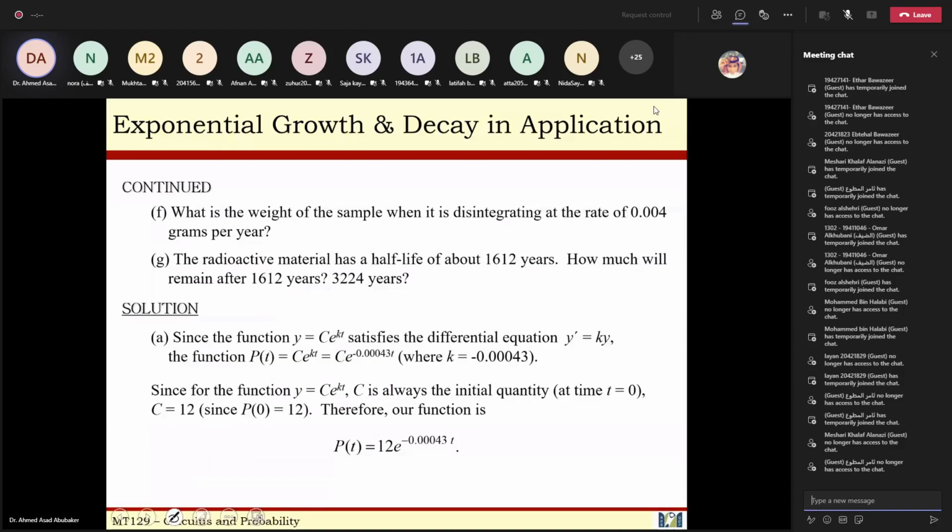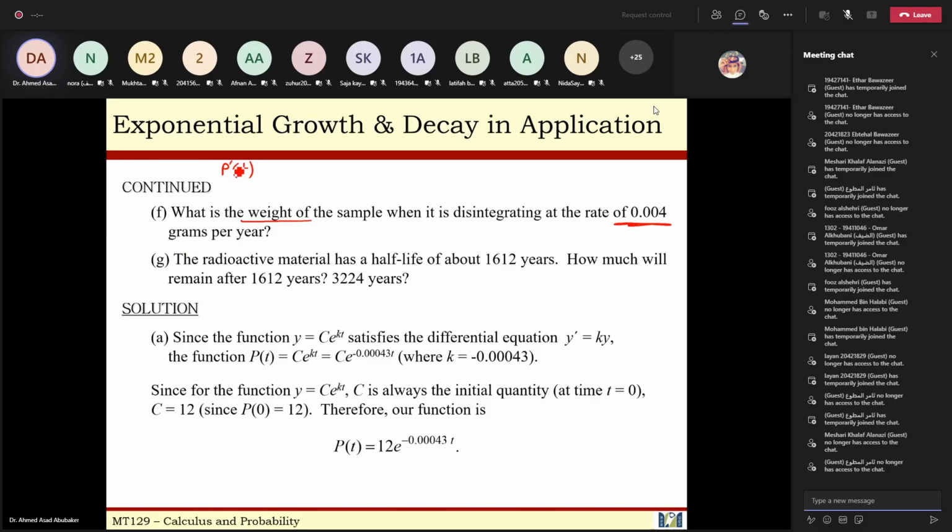Number F, what's the weight of the sample? Weight of the sample, this is B of T, when the rate equals 0.004 gram per year.